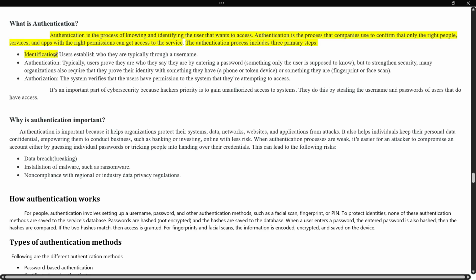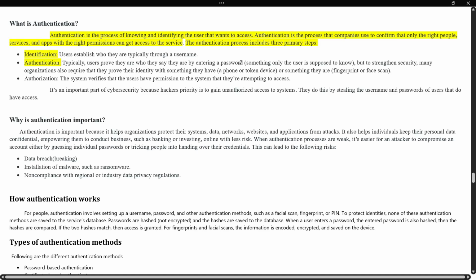So the first step is that the user establishes who they are, typically through a username. Wherever there is a system, to log into that system a username and password are mandatory. The first step is identification using the username. Next is authentication, where the user proves they are who they say they are by entering a password.